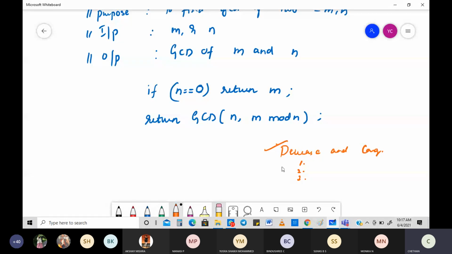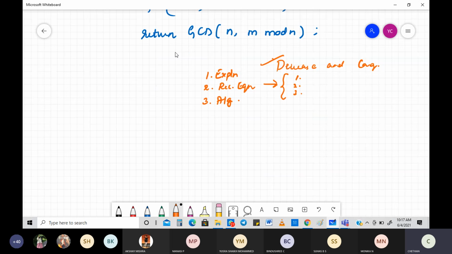We wrote a recursive relation or recursive equation, then we wrote an algorithm. In some places we have even done the manual tracing also. You do all these things, you write all these things, you get the full marks. That's how things need to be done.